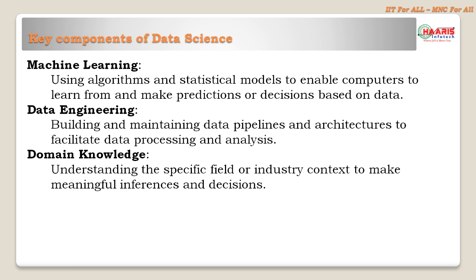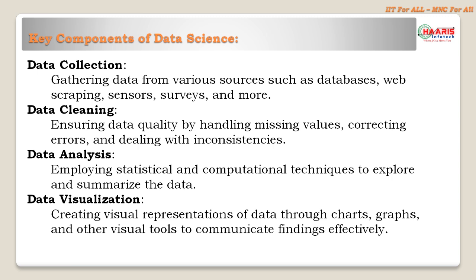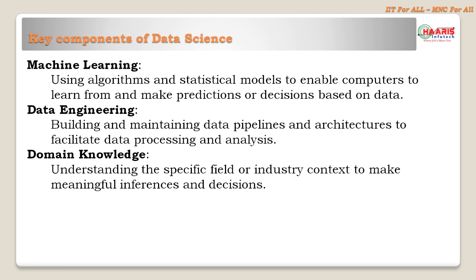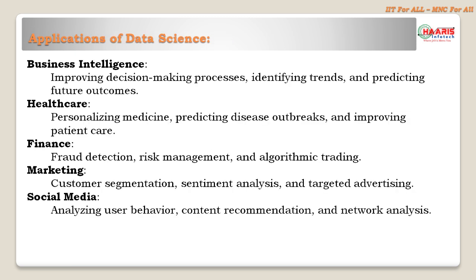If your data collected is correct, fine, if you have properly cleaned the data, if you have properly analyzed the data. So all these things are part and parcel, the key components of a data scientist. So remember these points before you start learning data science further.